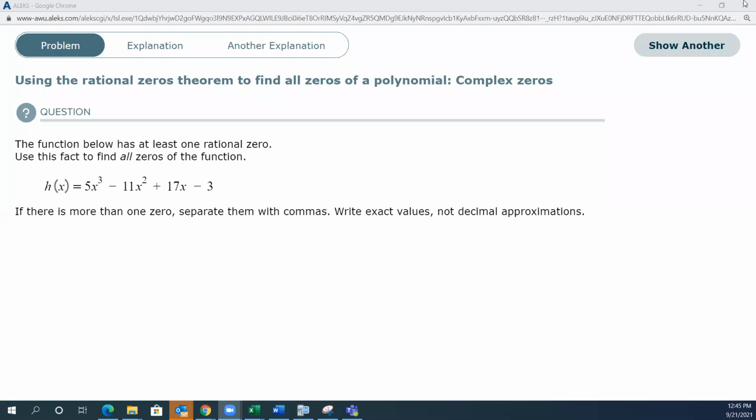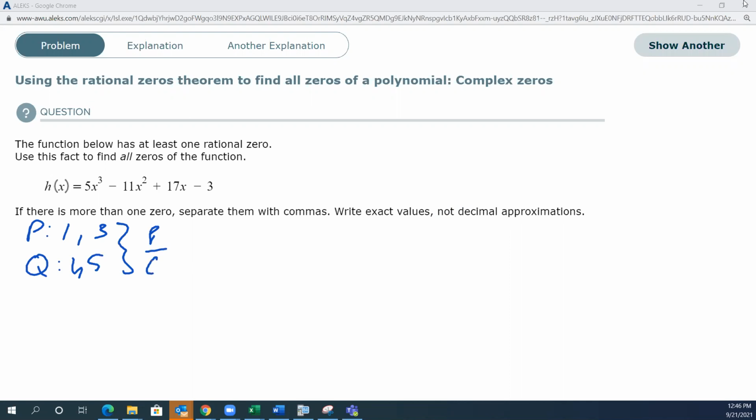All right, so now we're doing a lot more of the same, and notice it does specify this time we don't want decimal approximations, so you can't just grab them off the graph of the calculator, which would be cool. All righty, so let's go find our p's, which are going to be 1 and 3, our q's, which will be 1 and 5.